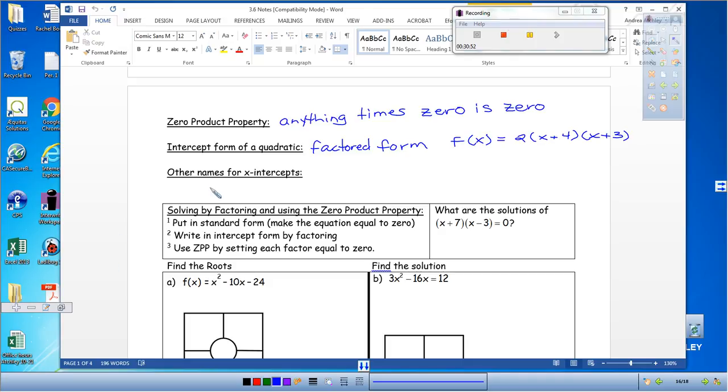Okay, so today we are solving quadratic equations. Solving a quadratic equation, what we're actually doing is looking for the x-intercepts. There's a lot of words they'll use for the x-intercepts. They'll ask you to find the roots, the zeros, or the solutions.